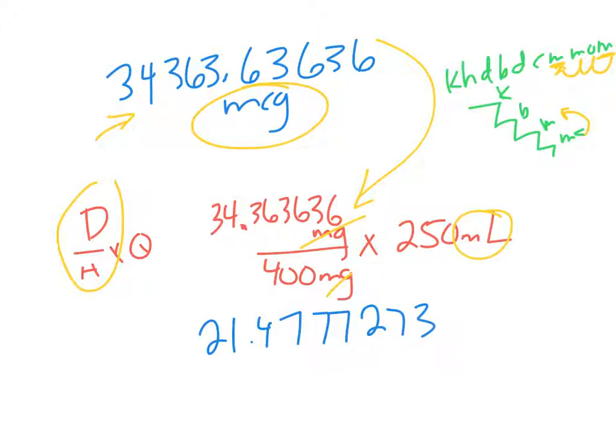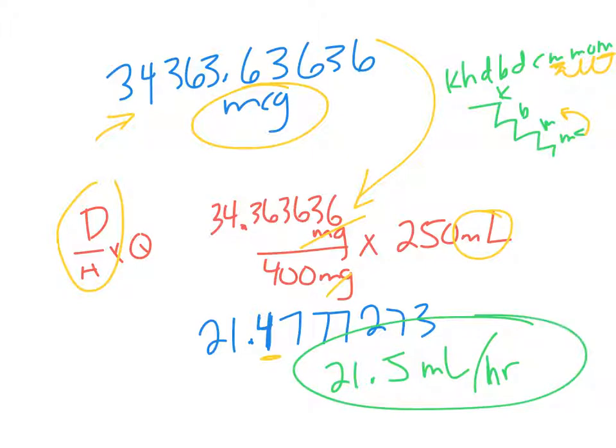Crazy numbers here at the end, but that means now we can round. Typically, ATI exams will have you round to the tenths place when you're dealing with milliliters. So rounding to this place right here, my patient needs 21.5 milliliters every hour.